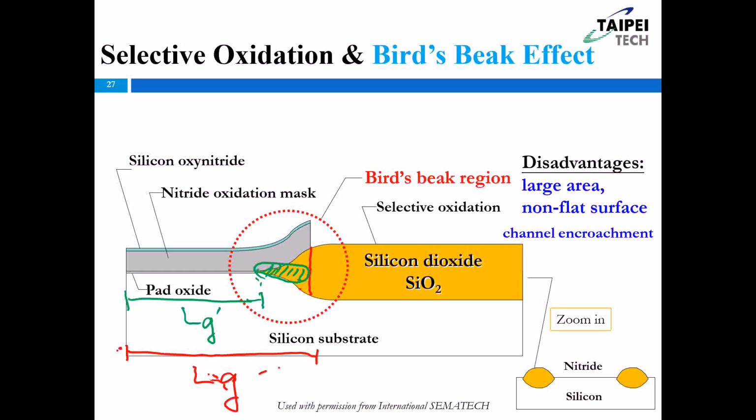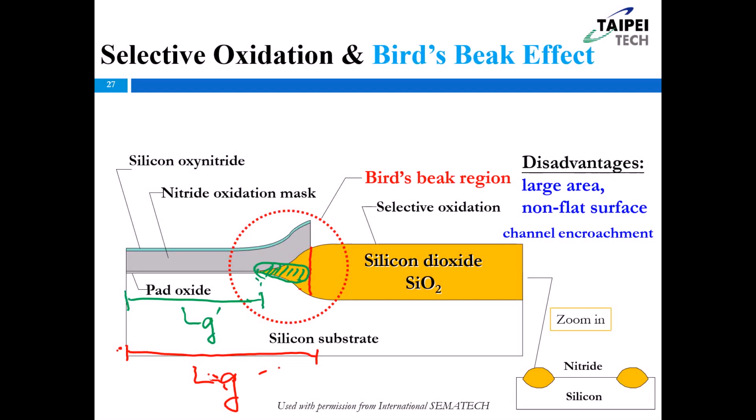And also, it has the effect of channel encroachment. 有点像是把通道吃掉了、侵蚀掉了。Right, channel encroachment, because now the channel becomes smaller from Lg to Lg prime. So this area is gone due to the lateral growth of the LOCOS.